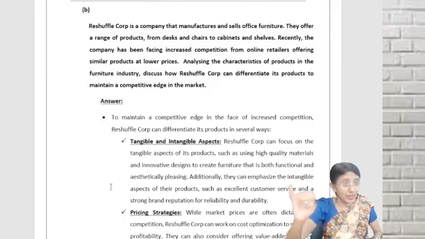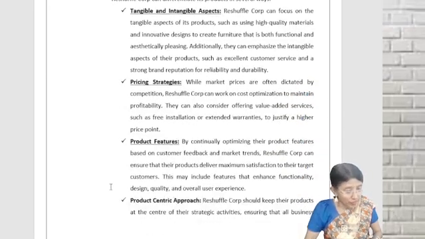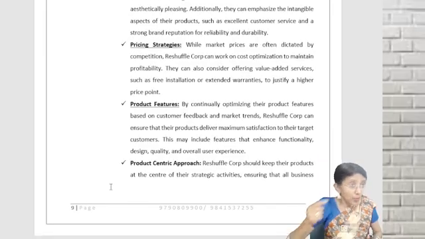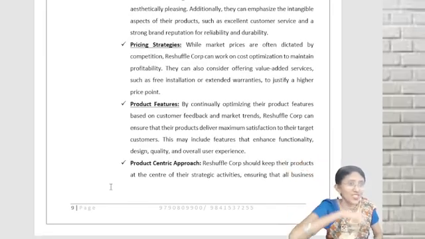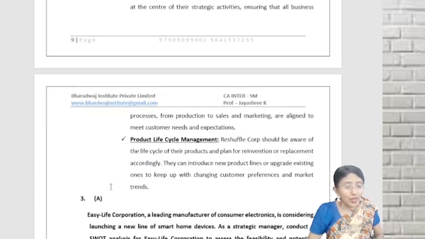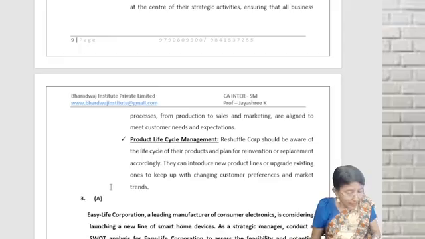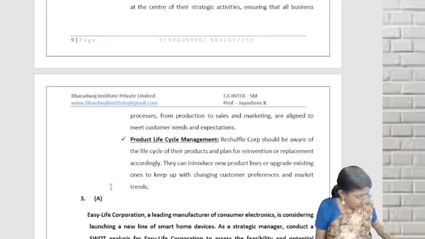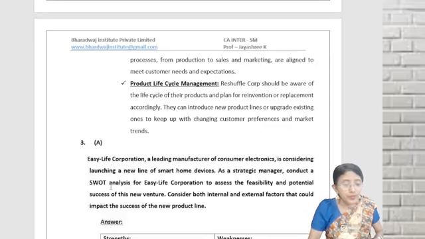So: tangible and intangible products, pricing factor, product features, product-centric approach. It's not customer-centric, it is my product, that's why I differentiate. And product life cycle management. These are the general ingredients you have to give to discuss this particular component. Now look at the next question.